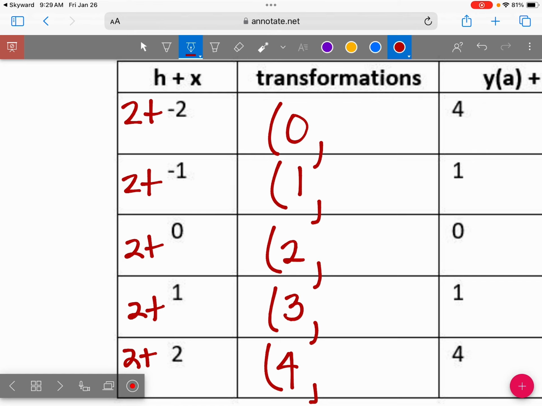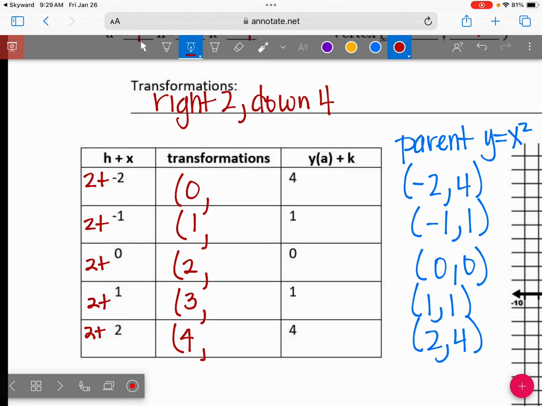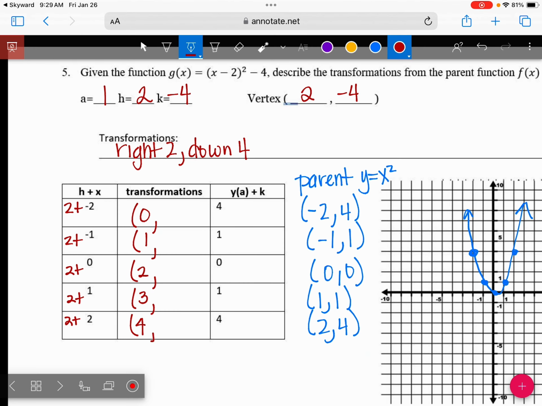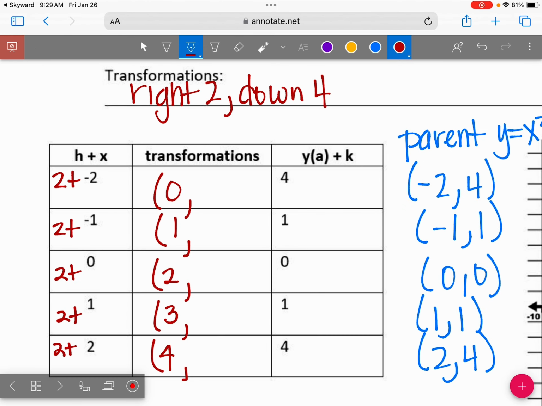And then for your y values, you're going to multiply them by a. And what did we say a was? 1. And we're going to add k. So we're multiplying by 1 and adding a negative 4. So I want you to go ahead and do that to get your y values.